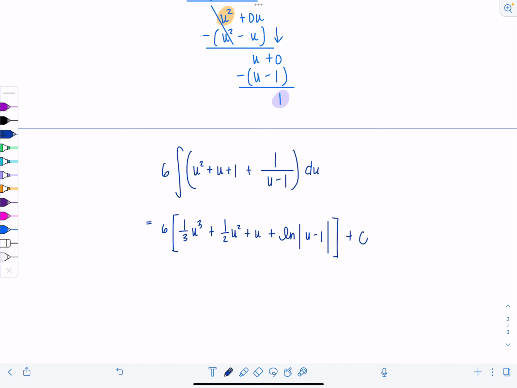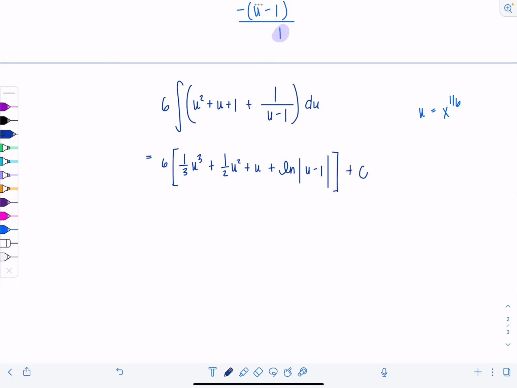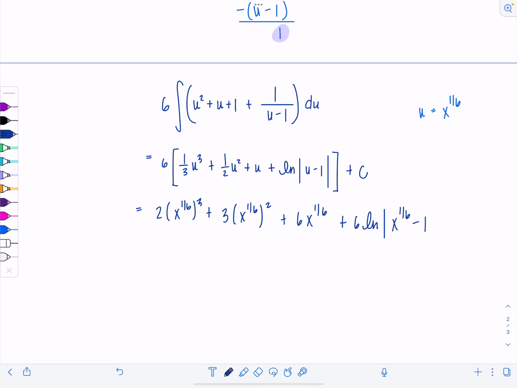Okay. Now we're almost done. We just got to rewrite everything in terms of x, the original variable. And remember, we had let u equal x to the 1/6. So I'm going to distribute the 6 and replace all the u's simultaneously. So this is going to be 2 times x to the 1/6 cubed plus 3 times x to the 1/6 squared plus 6 times x to the 1/6 plus 6 ln absolute value x to the 1/6 minus 1 plus c.